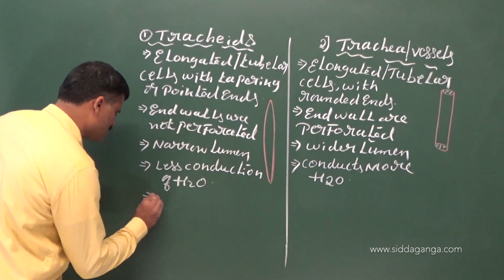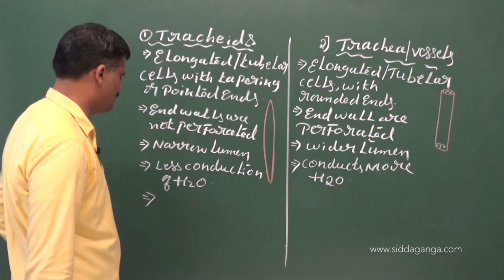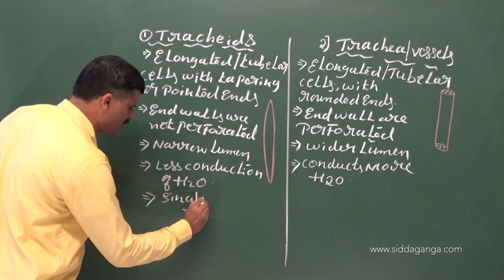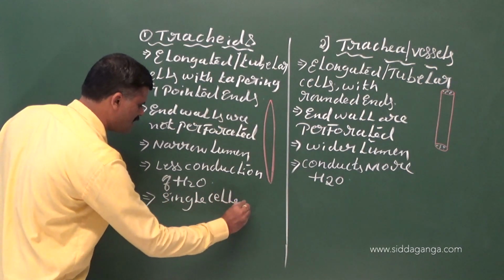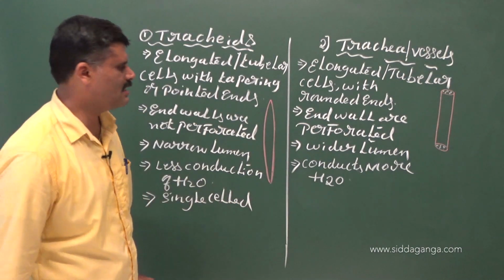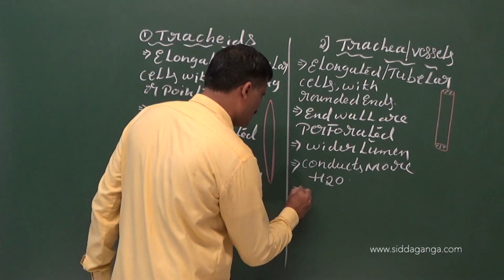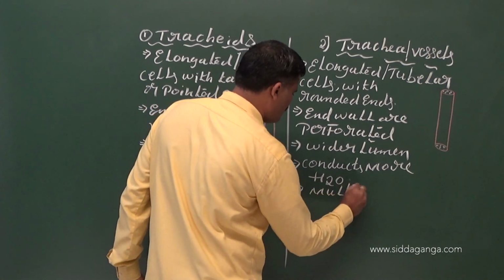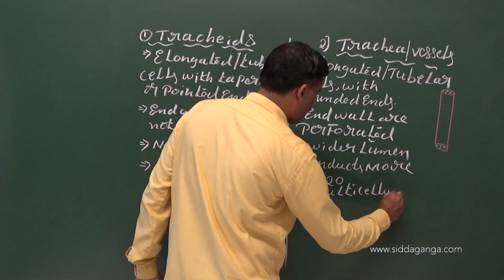The next difference, see this, tracheids are single celled, whereas trachea is multicellular.